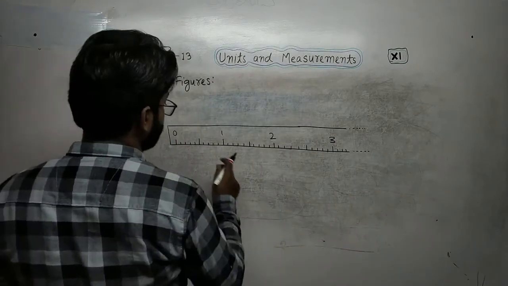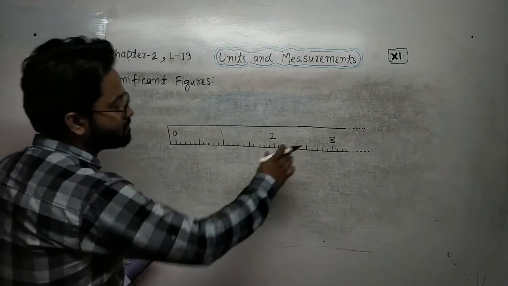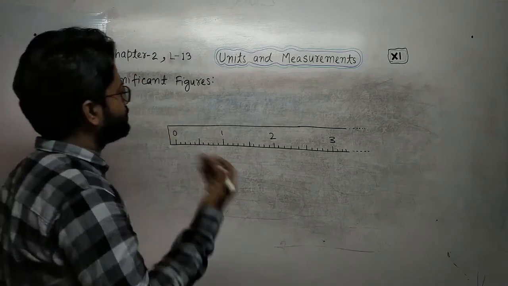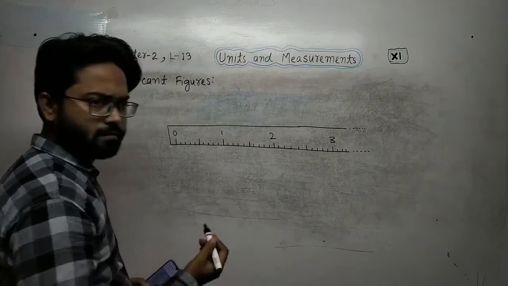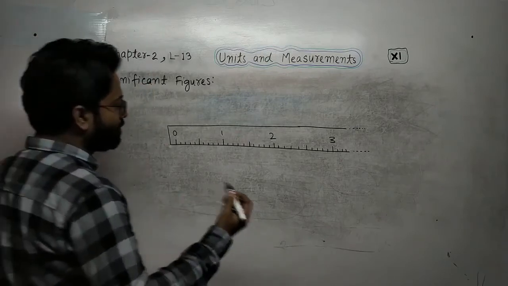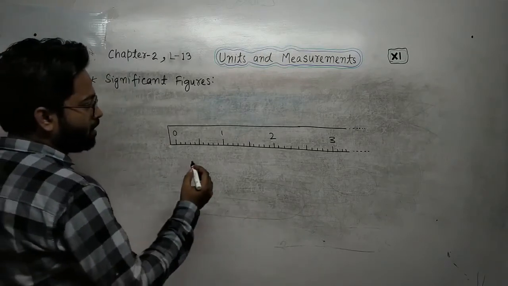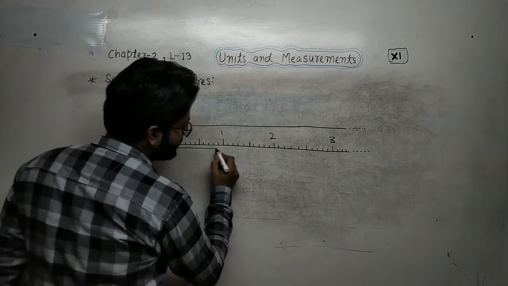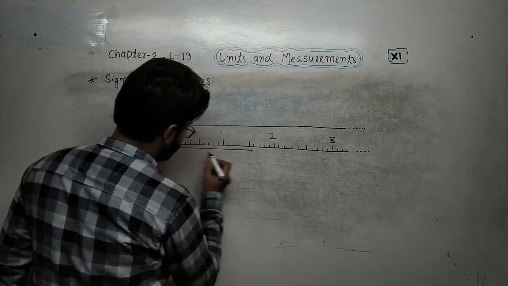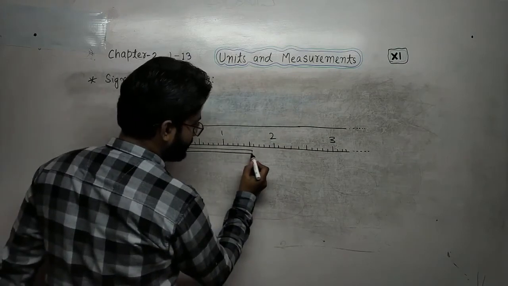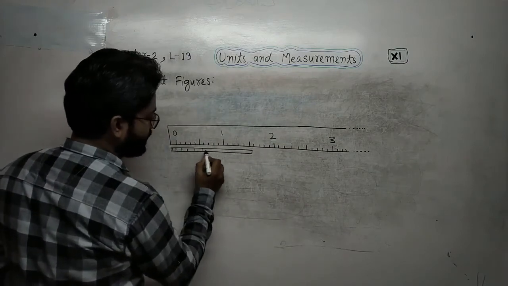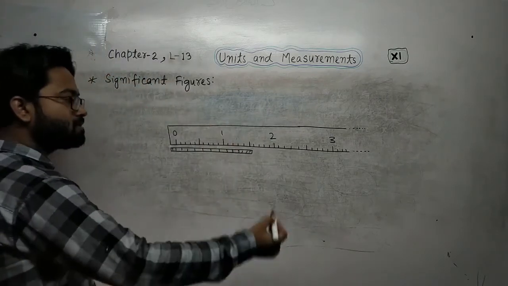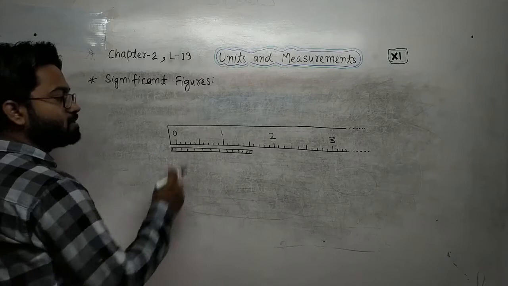If we see, this is a normal scale, and we have a stick. If we put the stick like that, this is the stick, and we try to measure the length of the stick by this scale.